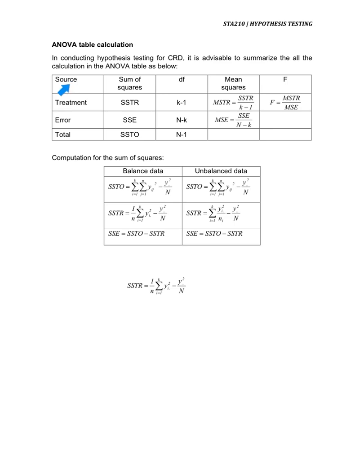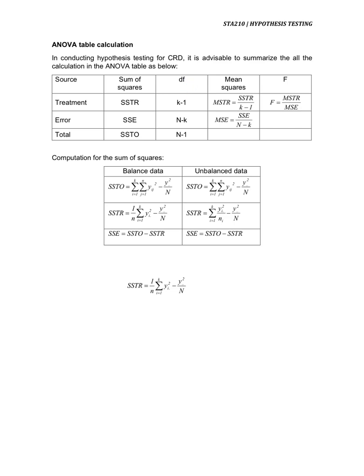First column we have sources. The sources are divided into treatment, error, and total. Then we have the second column, which we call sum of squares. We have sum of squares for the treatment, sum of squares for the error, and sum of squares for the total, denoted by SSTO. Then we have column number 3, which we call degrees of freedom.